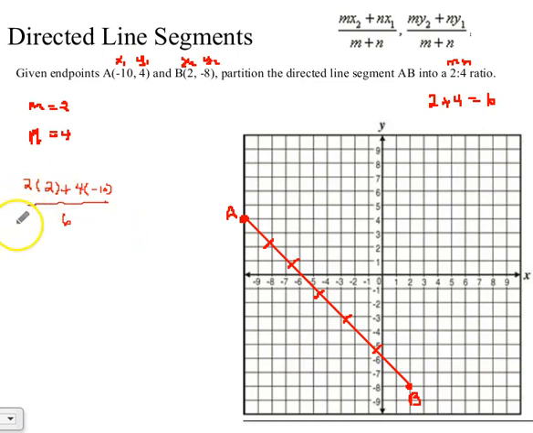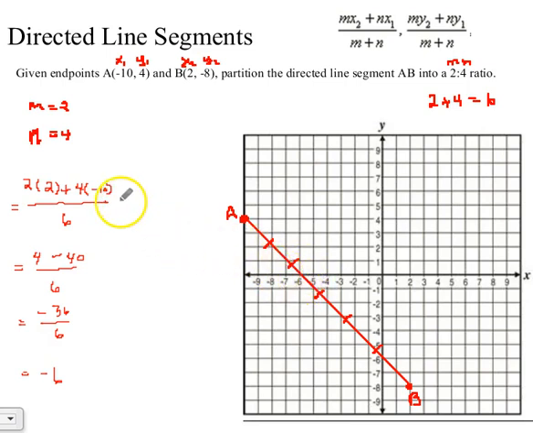So continuing down, we'll just go ahead and solve for this. 4 minus 40 divided by 6, and -36 divided by 6 equals -6. Okay, so that's the x point. So we know we're going to be over here at -6 somewhere.